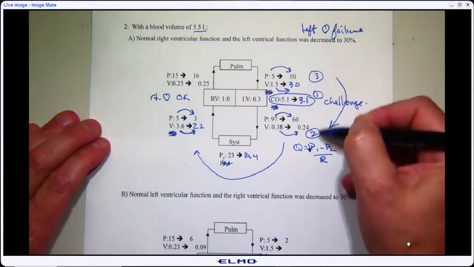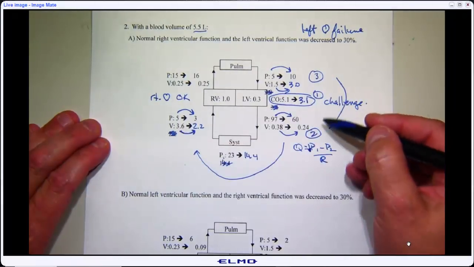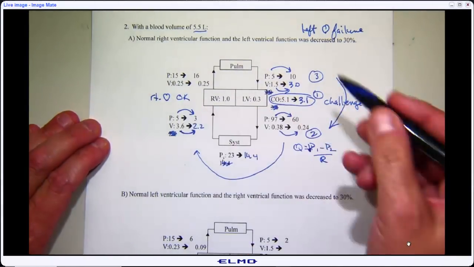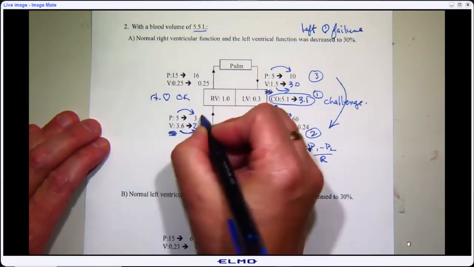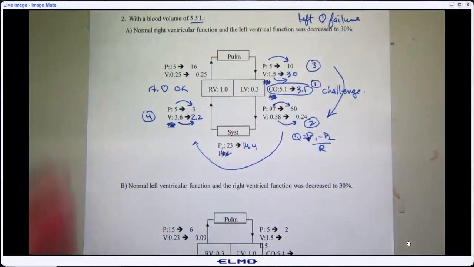So if we went to 1, 2, 3, we argued less cardiac output, less flow in the systemic system, so we have less volume in the systemic system and less pressure in the systemic system. Okay? So we have just lowered systemic venous pressure.